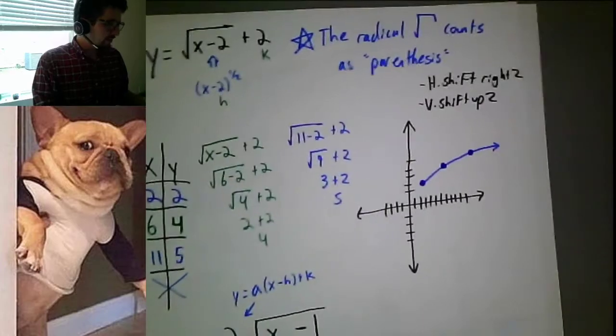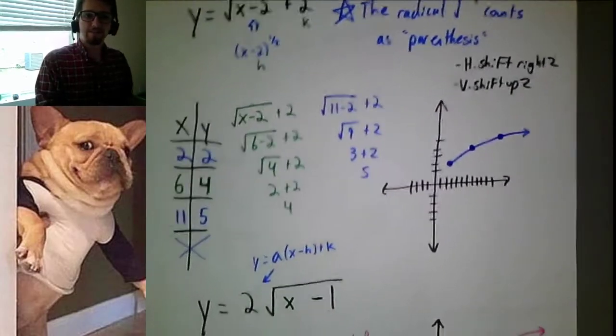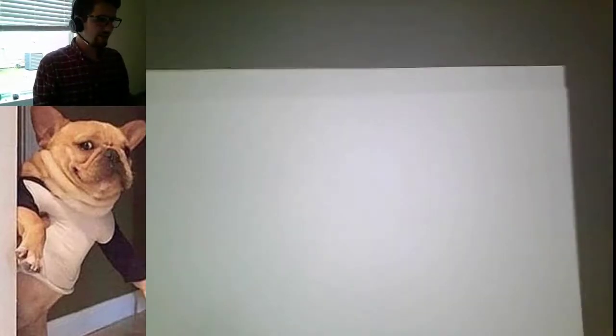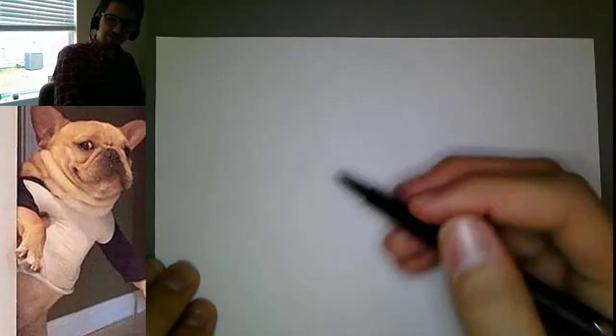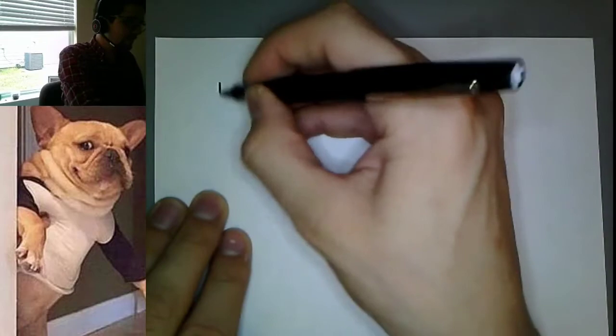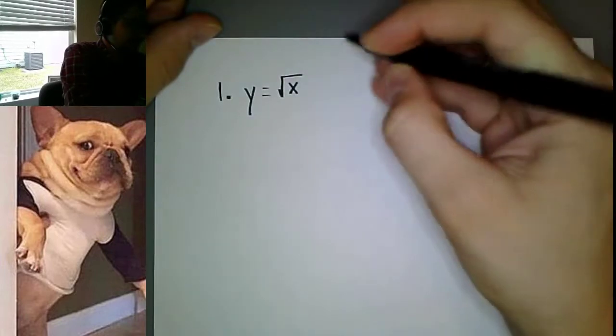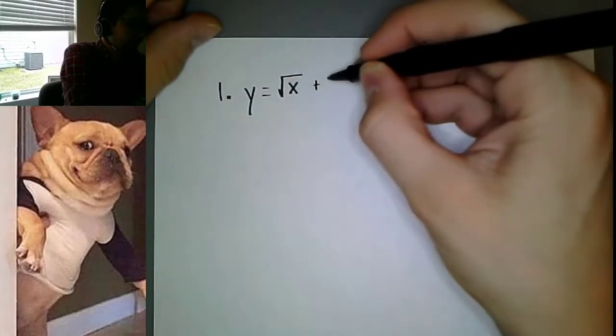So this is as long and as difficult as square root functions get. Let me give you a couple for homework, and then we will catch up tomorrow for absolute value functions. Number 1, we'll only do 3 today: y equals the square root of x plus 2.